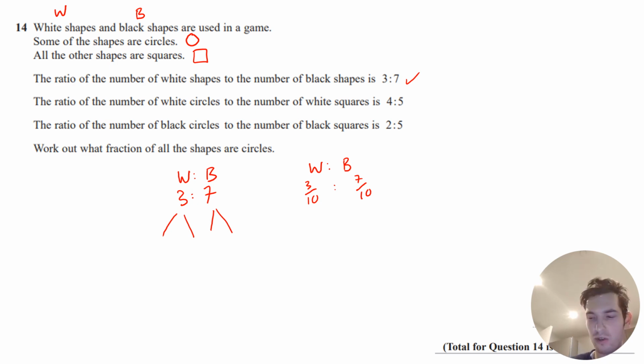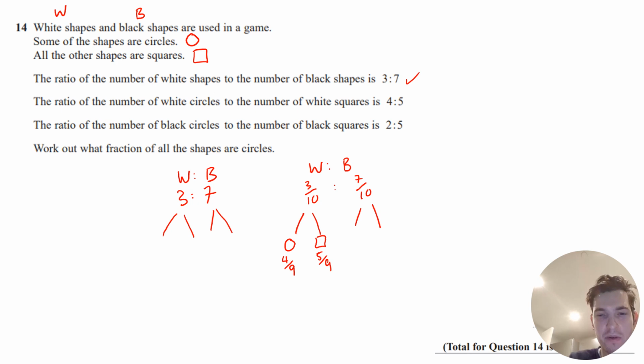So what about the number of white circles to white squares? If I just look at the white shapes, the ones that are circles versus squares is 4/9. So 4/9 of the white shapes are circles, and then 5/9 are squares.